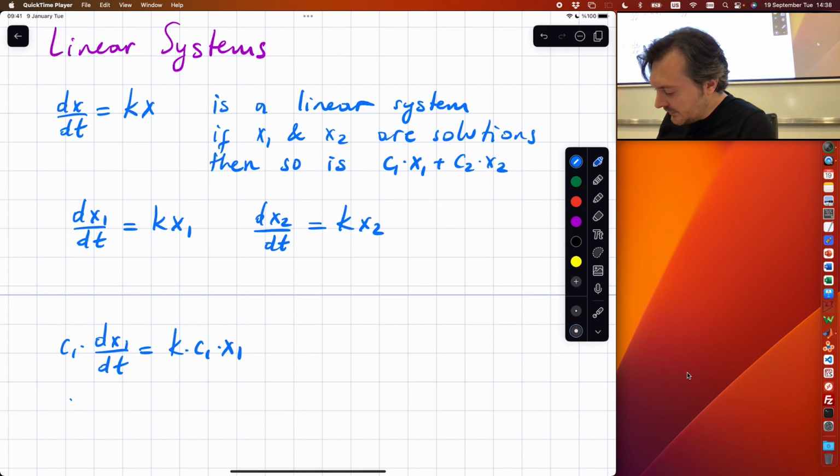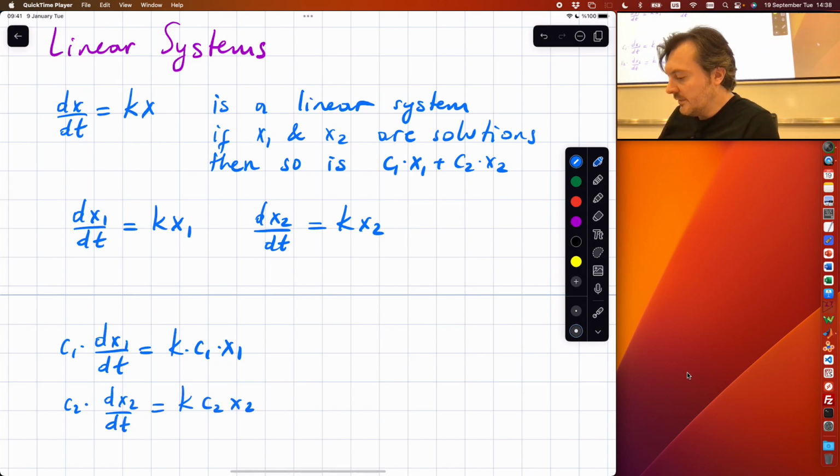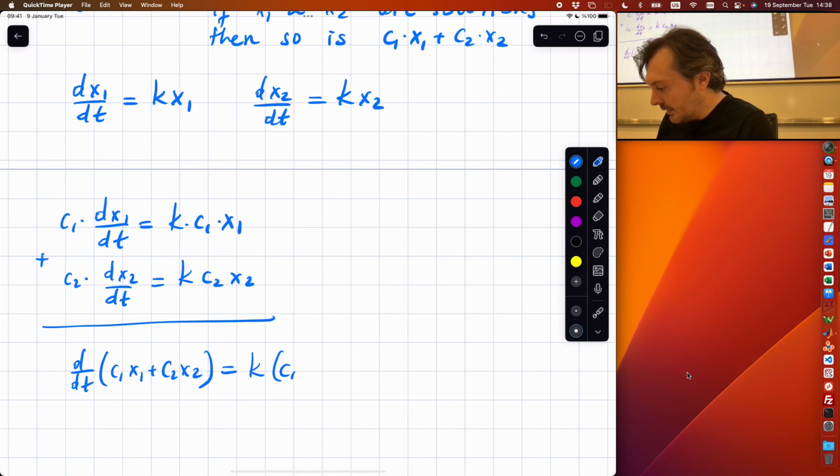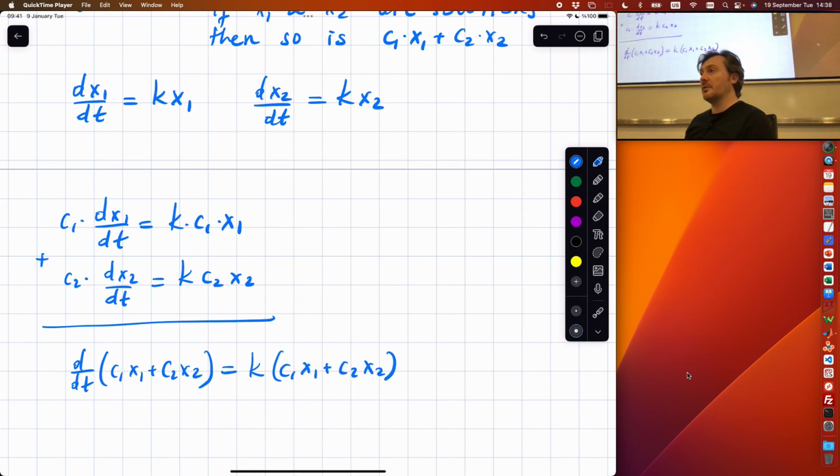And you multiply the second one with C2. And since they are constants, you can just write it down like this: d over dt of C1 x1 plus C2 x2 equals K times C1 x1 plus C2 x2. Do you see? That is also a solution. Any questions at this point?